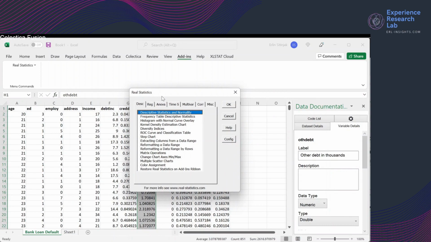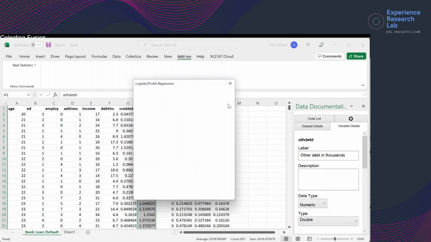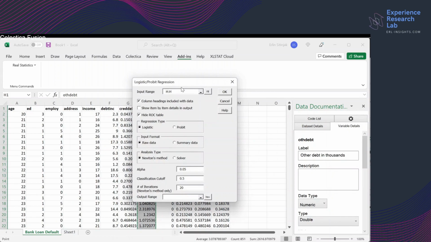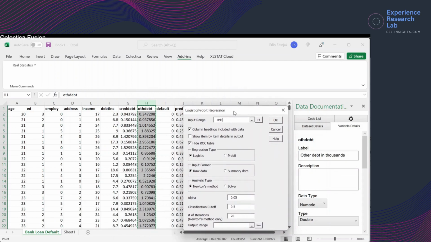On this dialog box, I will go to the second tab, Reg, and find the Logistic and Probit Regression. Click OK. So the input range here is for all variables that will be used in the model.